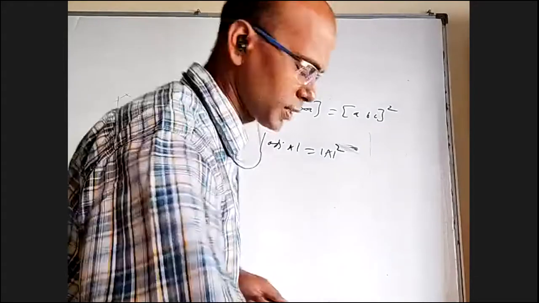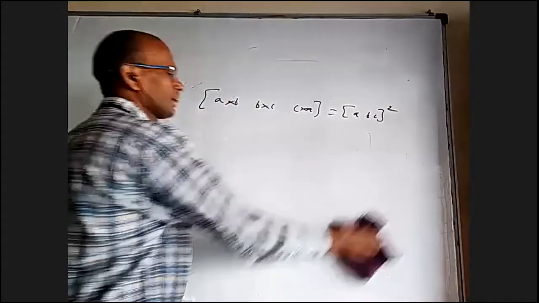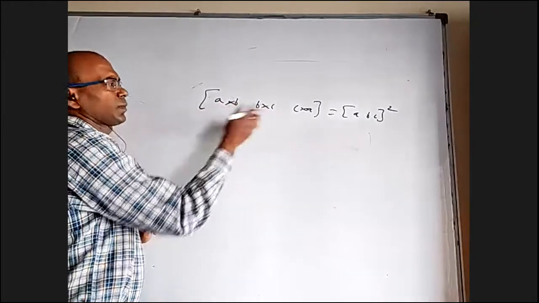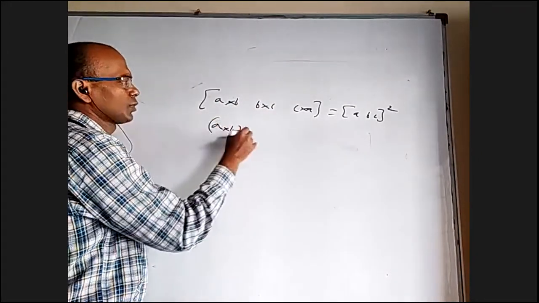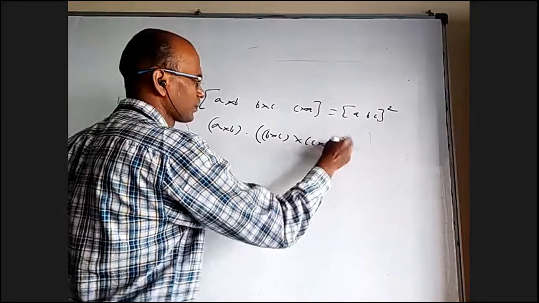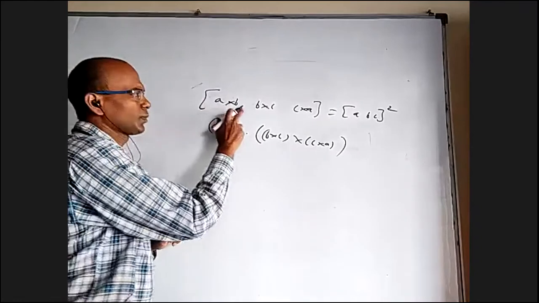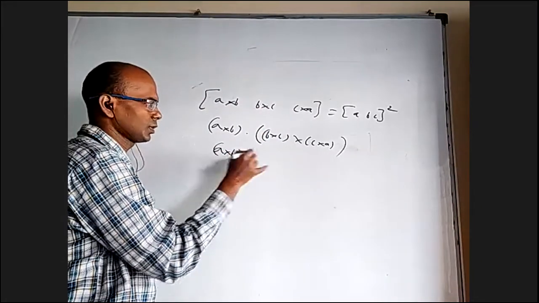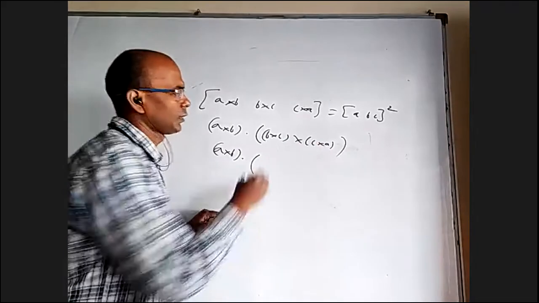Another way to prove this: when you open this, what does the triple product mean? A cross B dot B cross C cross C cross A. You can put dot here, cross here, dot here. A cross B dot, how to open this? You can take this as one vector.